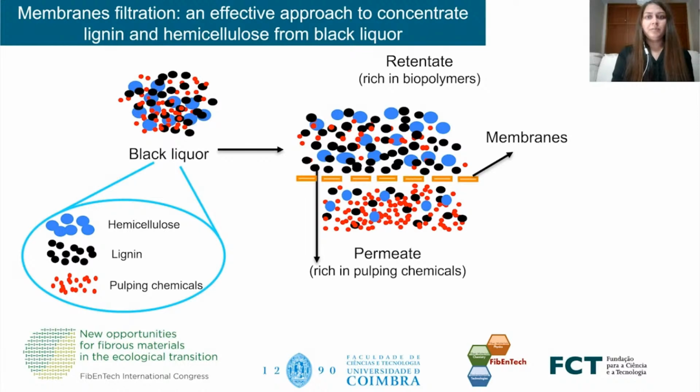So, in our project, we filtered the black liquor by ultrafiltration membranes of 10 kilodalton molecular weight cutoff. The inorganic content, which was smaller in molecular size, and the severely degraded organic content passed through these membranes with the permeate, and the big molecular size components, which were mainly lignin and hemicellulose, were retained by these membranes in the retentate stream.